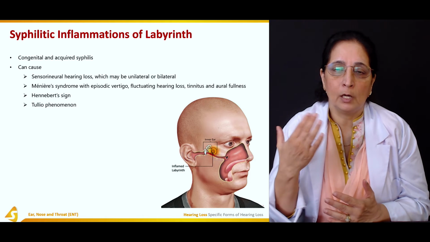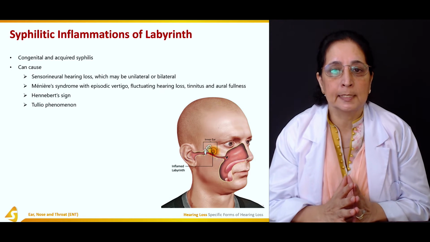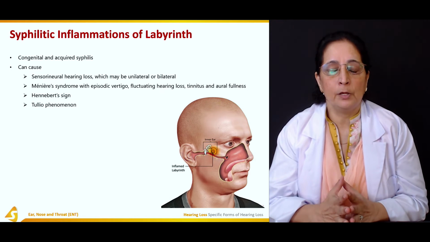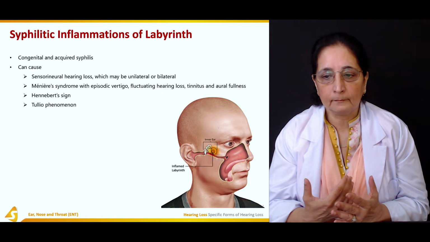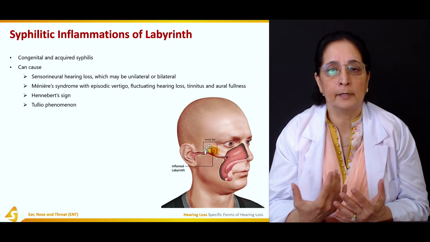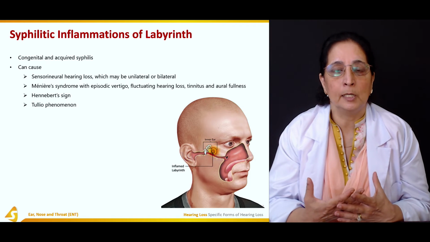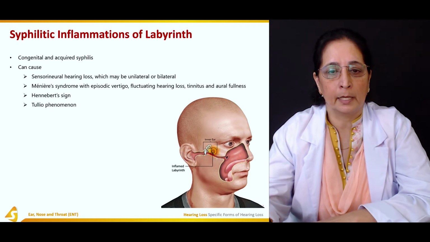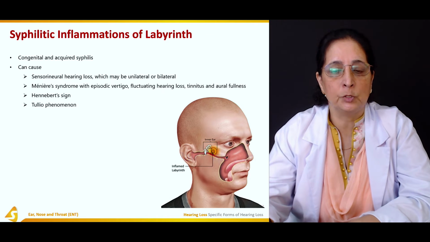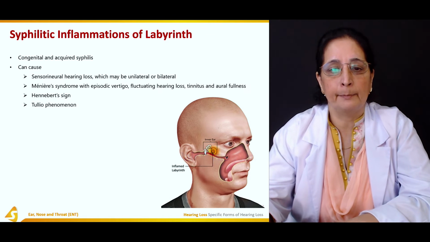Nystagmus is involuntary movement of the eyeball. And Tullio phenomenon is the condition in which there is vertigo or dizziness as a result of noise. So Hennebert's sign and Tullio phenomenon are also present in syphilitic labyrinthitis.